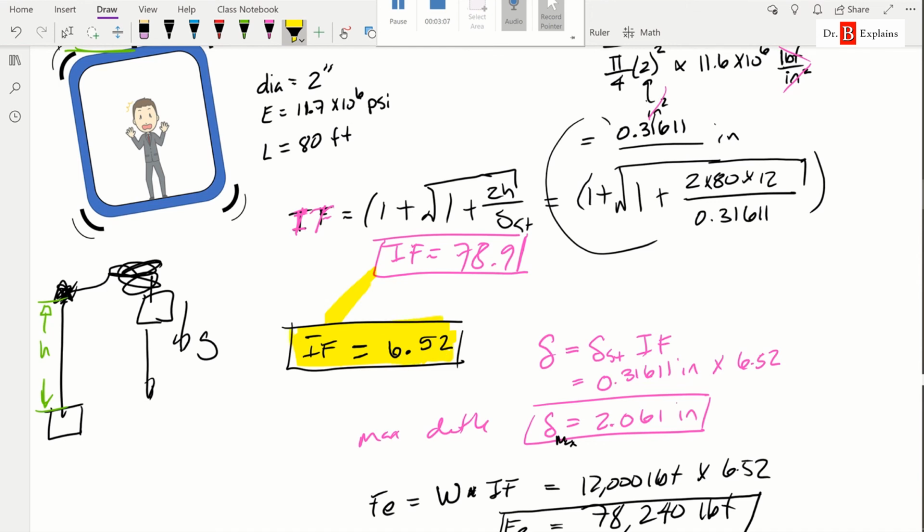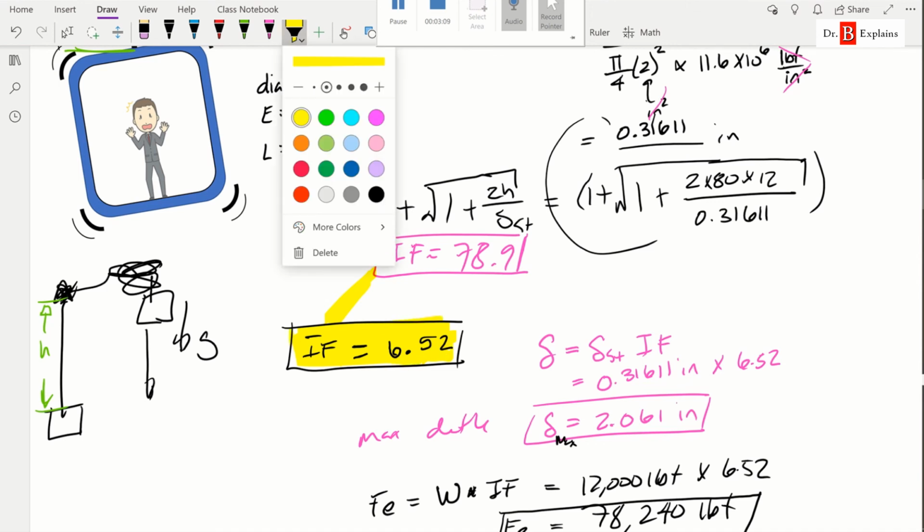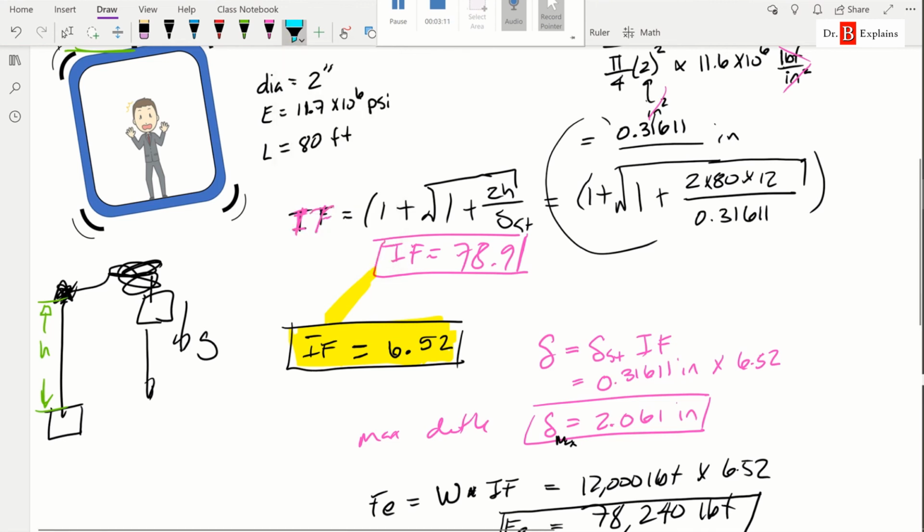If we use the other equation, which is this guy, this is the equivalent of the elevator free falling for 80 feet, and then we run out of wire rope, it stretches and you get that big old jolt. So that big difference, because of the velocity that it's going to acquire, is going to feel 78 times more than its initial weight.